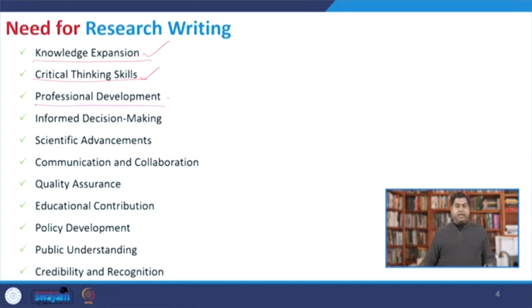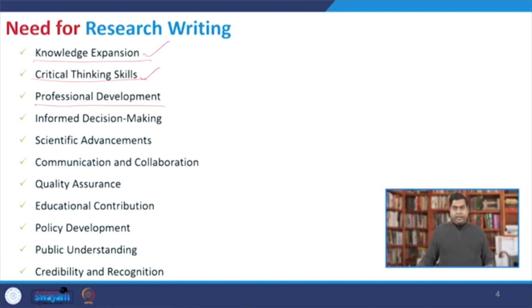Now it will also help you to grow in your professional development. The moment you write a good research, you will be known, you will be acknowledged by the research community. That will also be required. Suppose you are a PhD student, a good research paper will help you to get your PhD degree, and many institutions might have certain norms of a certain number of papers to be published before you get your PhD degree.